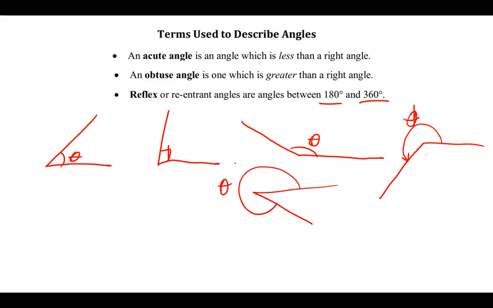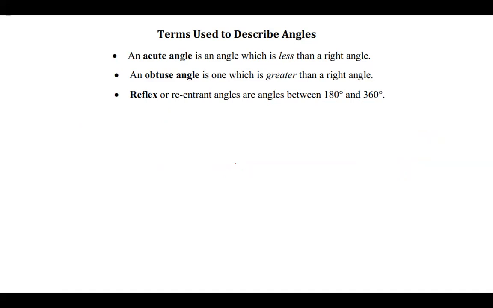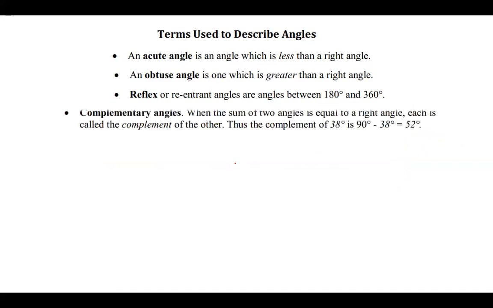All right, let us quickly get into other things. We've talked about the acute angle, the obtuse angle, the reflex angle, and then we also have complementary angles. Complementary angles are angles such that when you add them, they give you a total of 90 degrees.